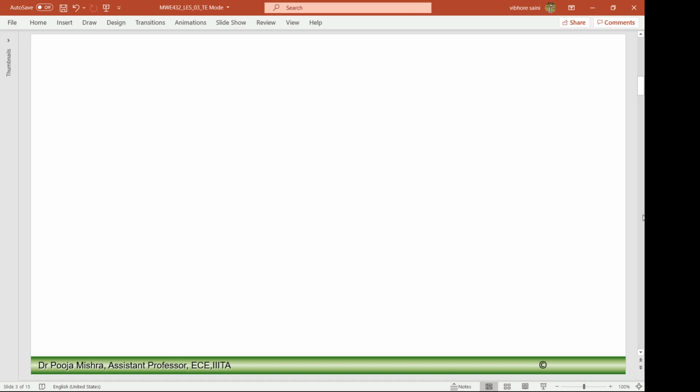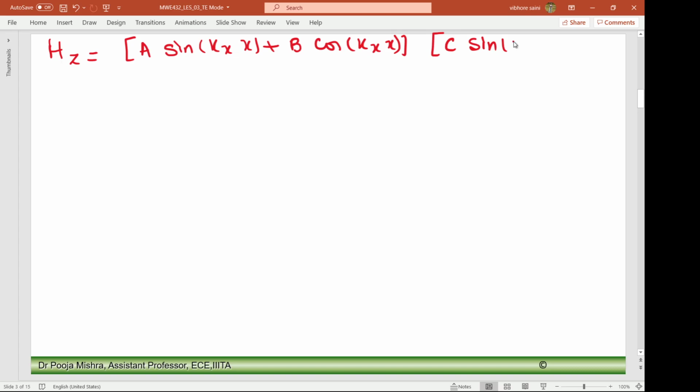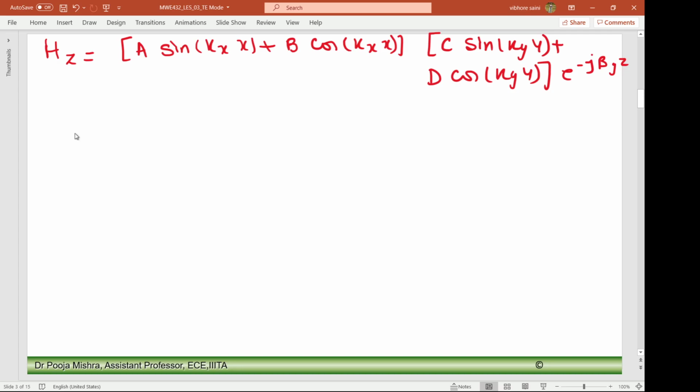So Hz will be, we already know the solution for wave equation, as Hz, which is a sin kx x plus b cos kx x, c sin ky y plus d cos ky y exponential minus j beta g z.